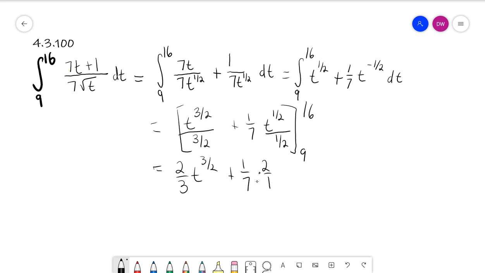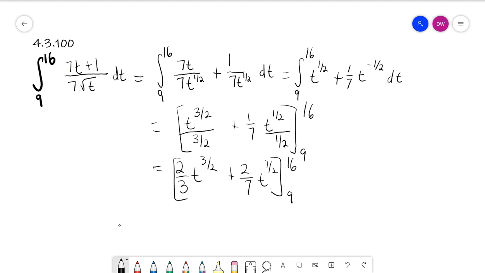Okay, so 1/7 times 2 over 1 would be 2 over 7. So let's go ahead and just rewrite that right now as 2 over 7. And then we'll have t to the 1/2 power, evaluated from 9 to 16.